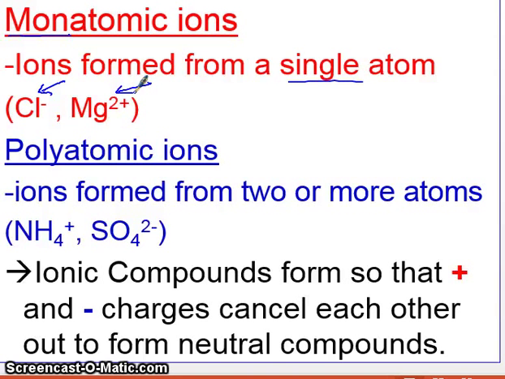And then you have polyatomic ions. Polyatomic ions are ions formed from two or more atoms. The prefix poly actually means many. So here is an example, NH4. Notice you have more than one atom. You have 5 atoms here, more than one type of atom. So this is a polyatomic ion.